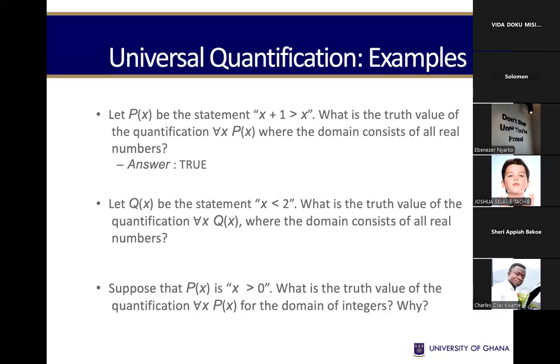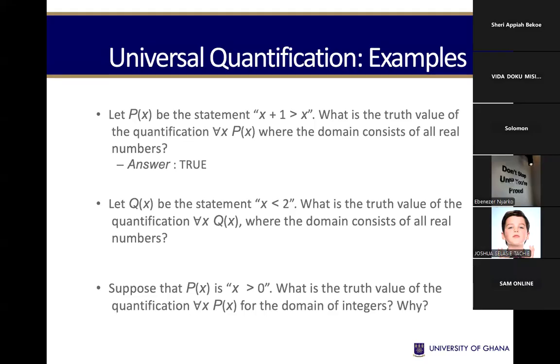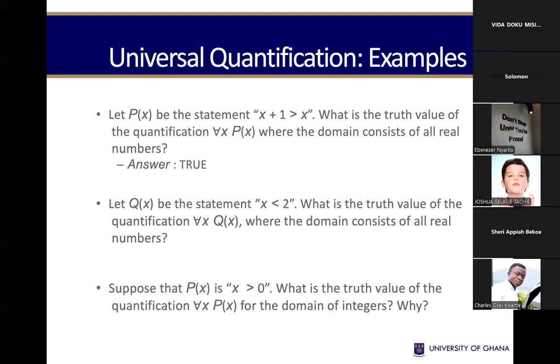So when x is 2, 3, 4, 5, etc., still in the domain of real numbers, in other words, 2.1, 2.2, 3.7899, they are real numbers, we cannot say that it is a true statement. So because we found a counter example, we conclude that the second part, x is less than 2, is a false statement.